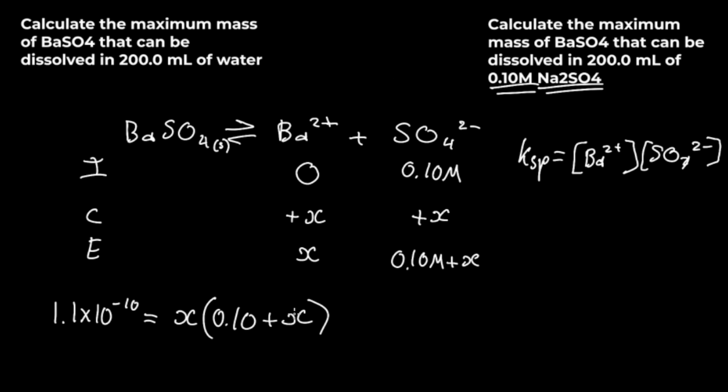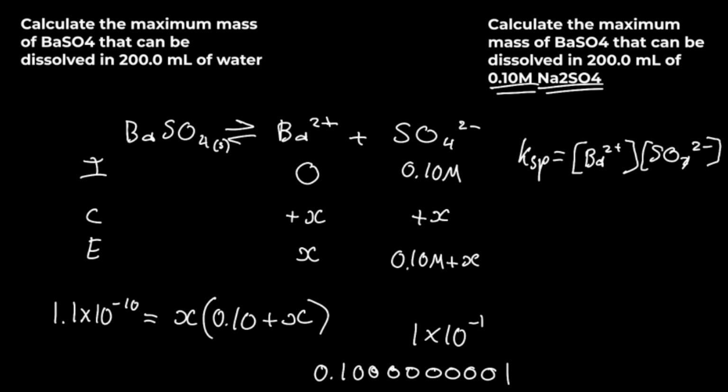So if the two multiplied together equal this, and Ksp is this small already, that means X, the concentration of this and of this, must be even smaller. 0.1 is 1 times 10 to the negative 1, and Ksp is on the order of negative 10. So adding X to 0.1 is extremely negligible.